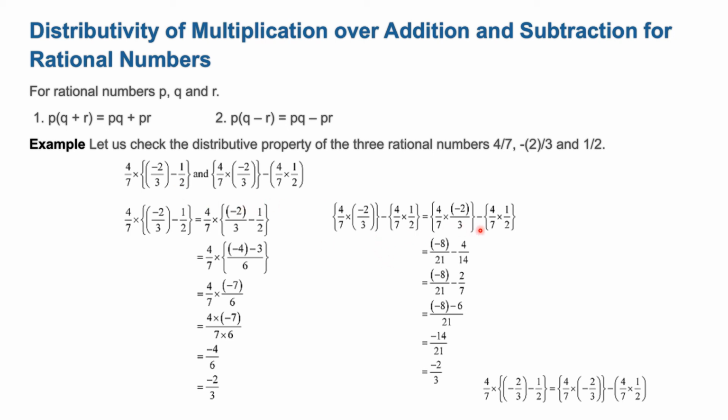Here, first we multiplied, then we did the subtraction. Now see the result is the same in both cases. So distributivity is there for multiplication over addition and subtraction of rational numbers. The same we can do for addition also.